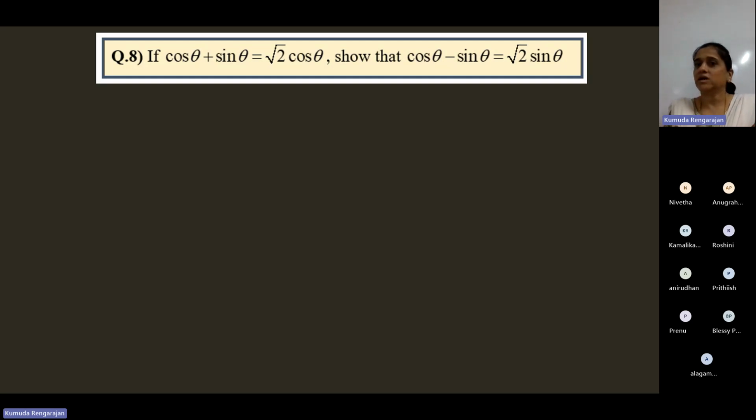So again, we have sine and cos in the question, and we have them like a plus b and a minus b. We are given a plus b, we have to find a minus b, right? Can you relate that? Here, this is a plus b, given as root 2 cos theta, and you'll have to show that a minus b is equal to root 2 sine theta. That's it.